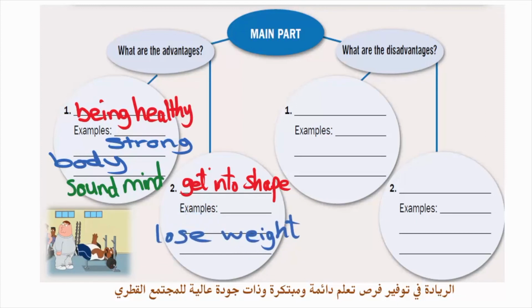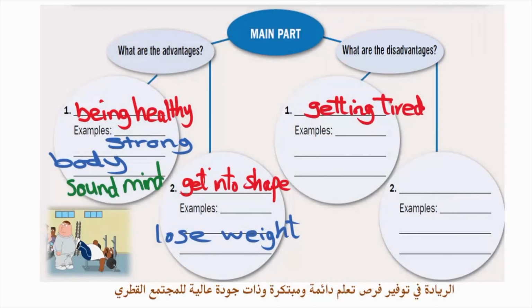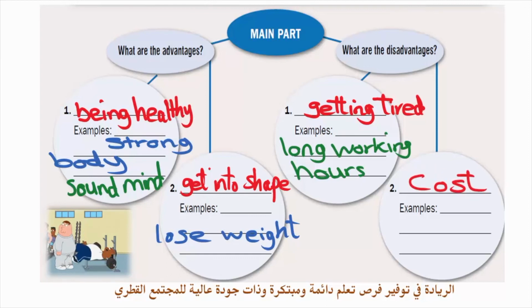Example, you lose weight. And then we move on to the third paragraph, the disadvantages, like getting tired, the first disadvantage. Example, long working hours. Another disadvantage is the cost, which means you have to pay monthly fees.